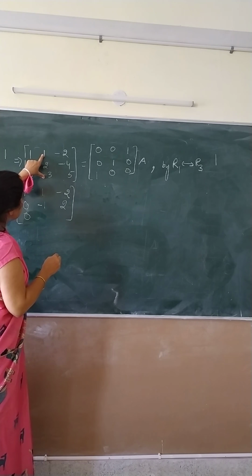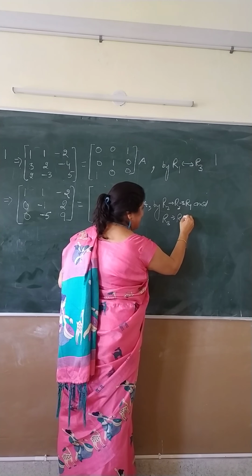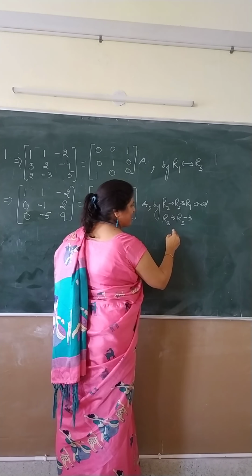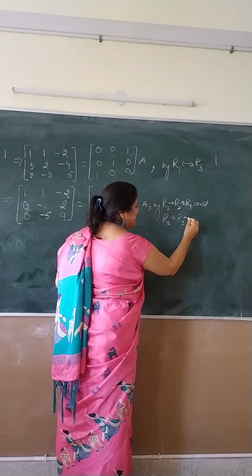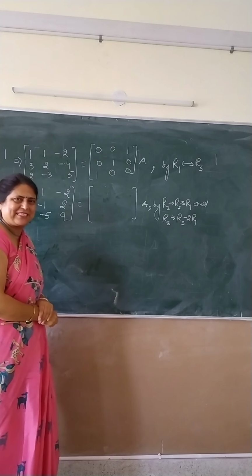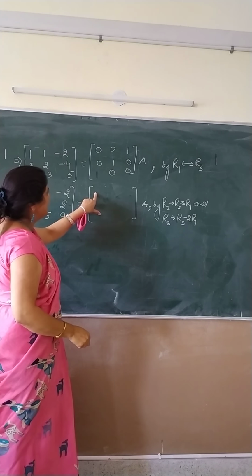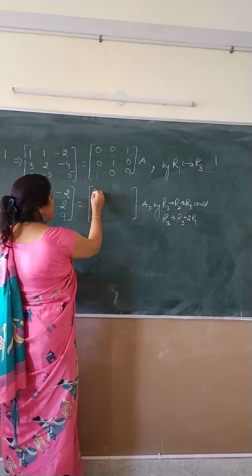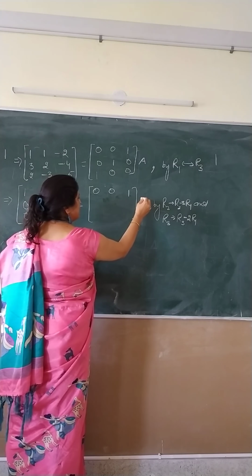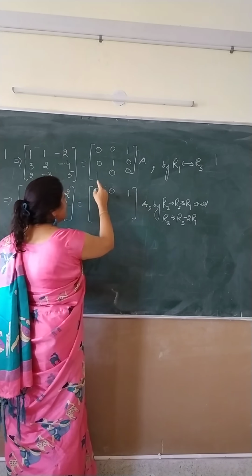Which operation students? R3 minus 2 R1. Clear? These operations. Now apply over here. Yes, first row, this one, into this A. Yes, apply.